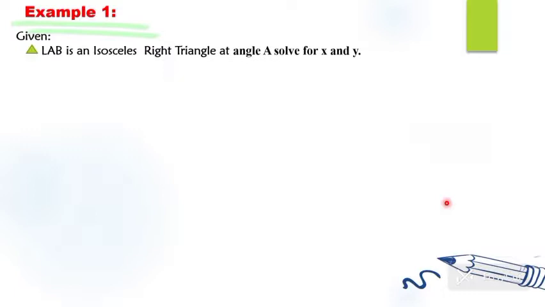In the next slide, I will give an example. We have here triangle LAB, an isosceles right triangle at angle A. Solve for x and y.